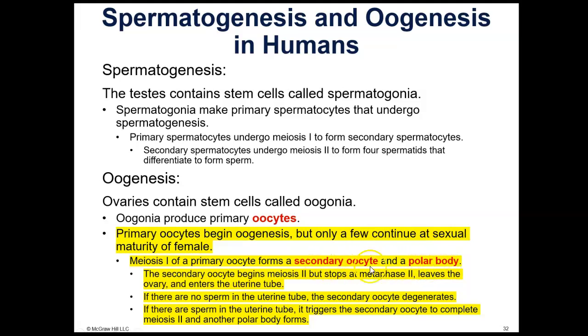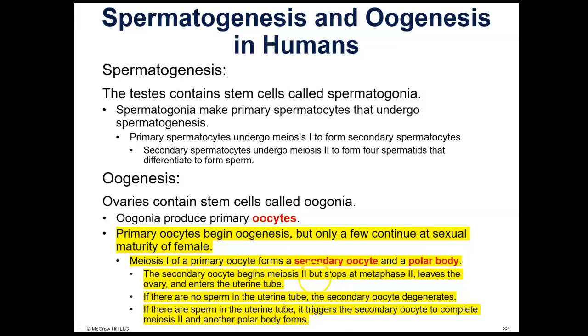Now, the next thing that has to happen is this secondary oocyte has to undergo meiosis 2, but it doesn't complete meiosis 2. It stops at metaphase 2. And one of 2 things is going to happen. Either a sperm will fertilize that secondary oocyte, and it will continue on and finish meiosis 2, or not.